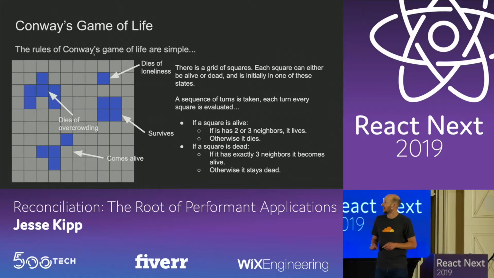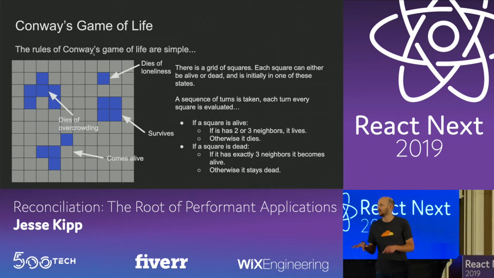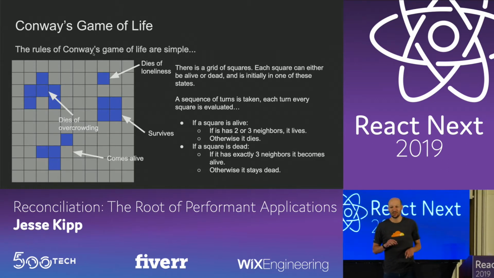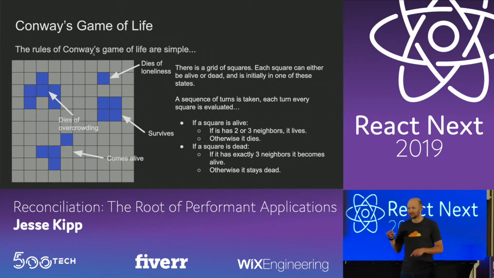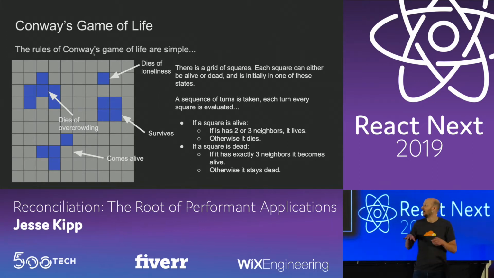So I'm going to start my talk by introducing, for those of you who aren't familiar with it, Conway's Game of Life. It was invented in 1970 by a mathematician named John Conway, and it's sometimes described as a zero-player game. You start with a square grid of cells, and each cell can have an initial state in which it's either alive or dead.